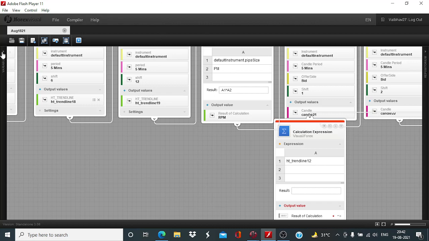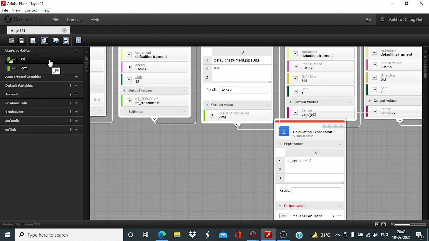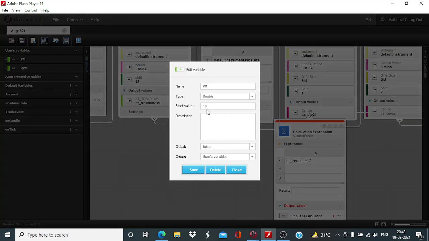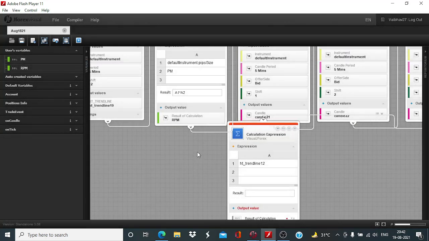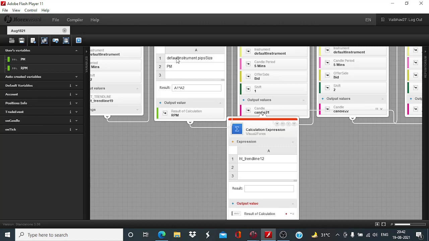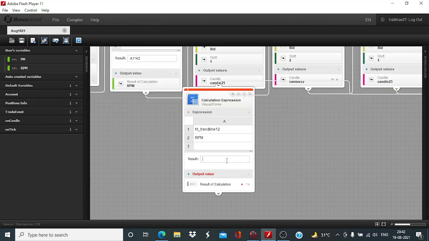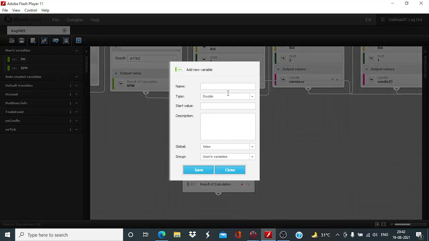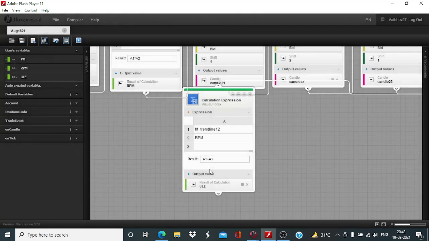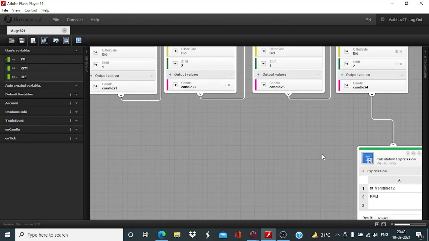This variable has value of 10. You can check it here. Yes, which is getting multiplied with the default instrument pip size. So this is going to be a1 plus a2. This will be upper limit for execution. Okay, so first thing done.